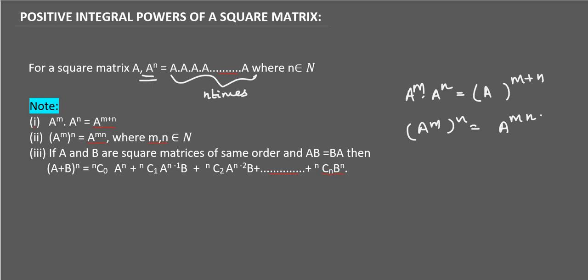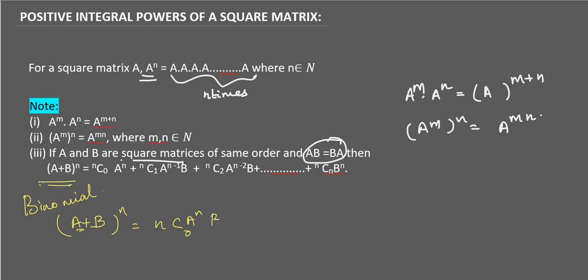If A and B are two square matrices of the same order, and if AB is equal to BA, then A plus B whole power n can be written using the binomial expansion. What is the binomial expansion? A plus B whole power n is equal to nC0 A power n B power 0, where B power 0 is 1, so A power n.